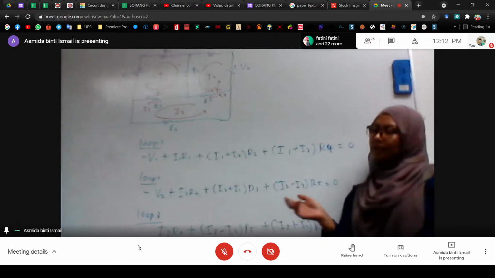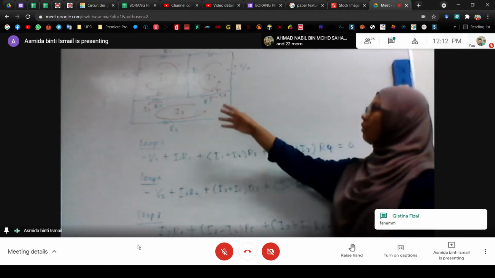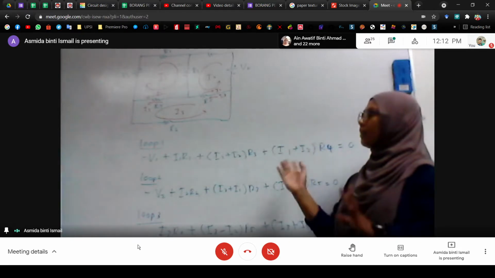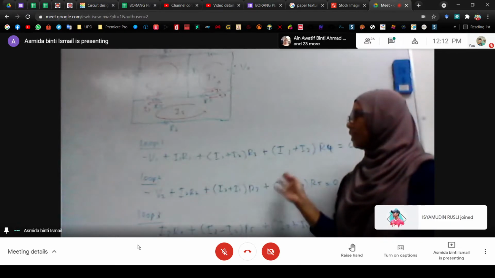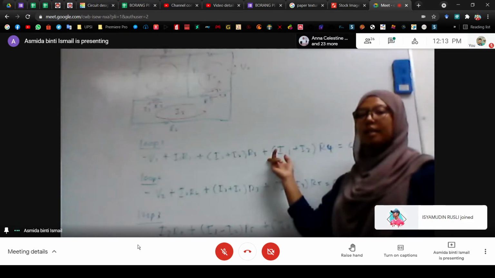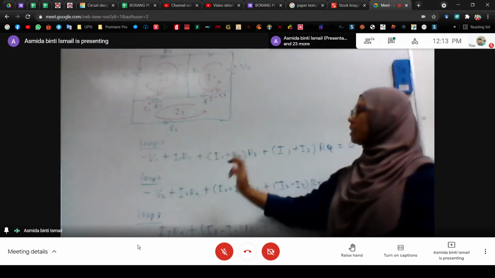Okay. So from this, if you have the values of R1, R2, R3, R4, R5, and R6, you need to substitute them in this equation, and then find the values. What is the value for I1? What is the value for I2?